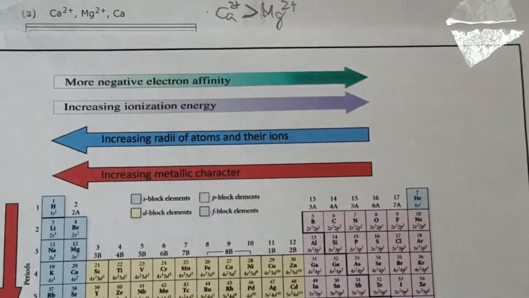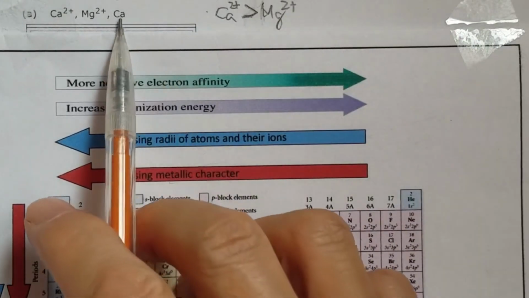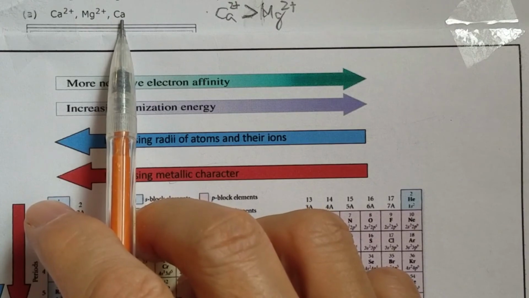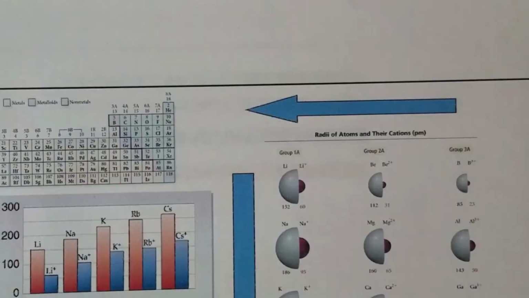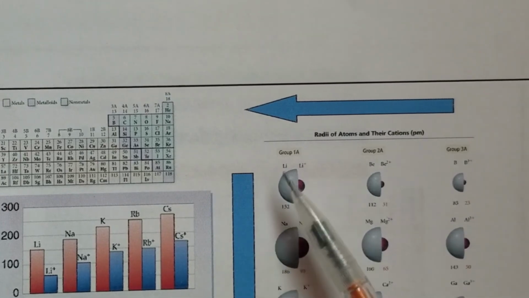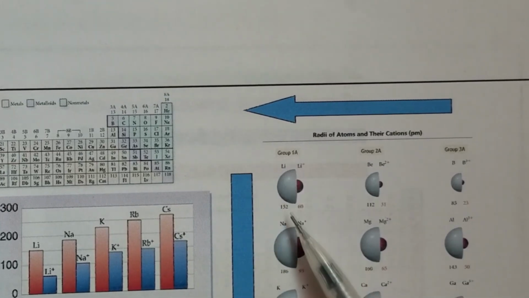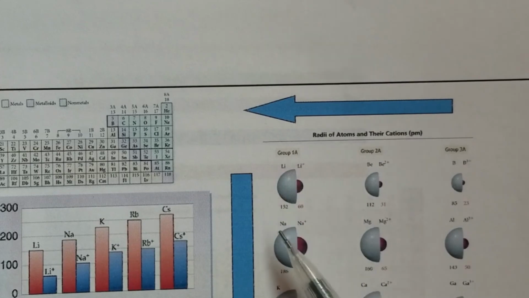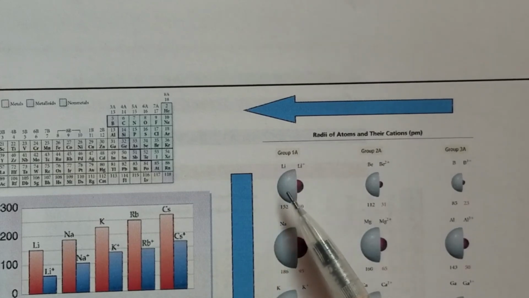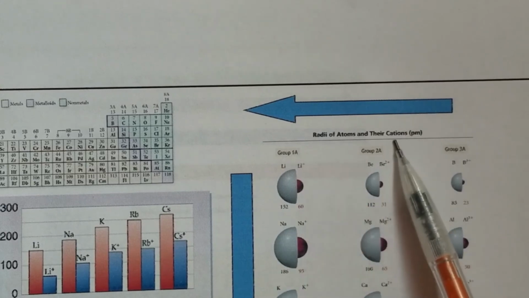Now the question is, where should this calcium atom be? Let's bring back this chart. The neutral atoms should always be larger than their corresponding cations.